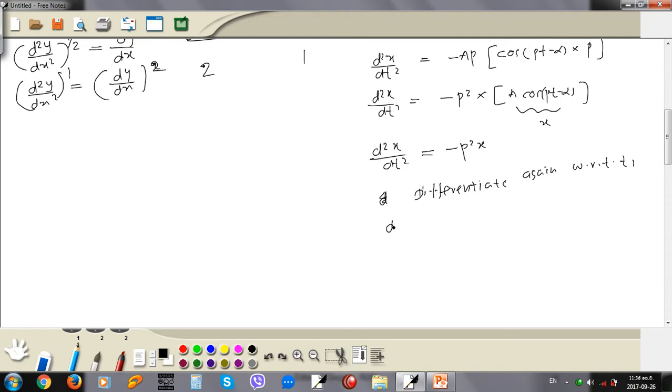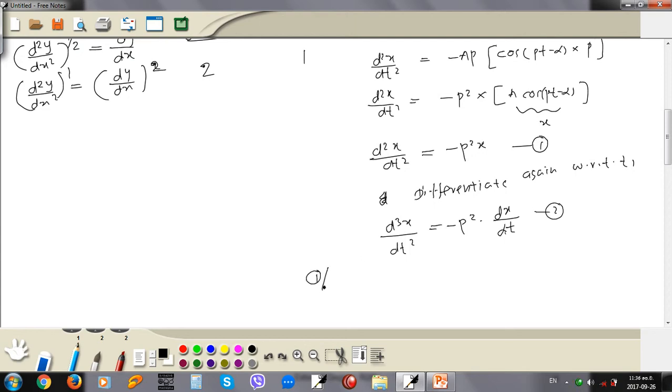Then it comes d squared x over dt squared equals minus p squared dx over dt. Right, here minus p squared is there. I am taking this as the first equation and this as the second equation.